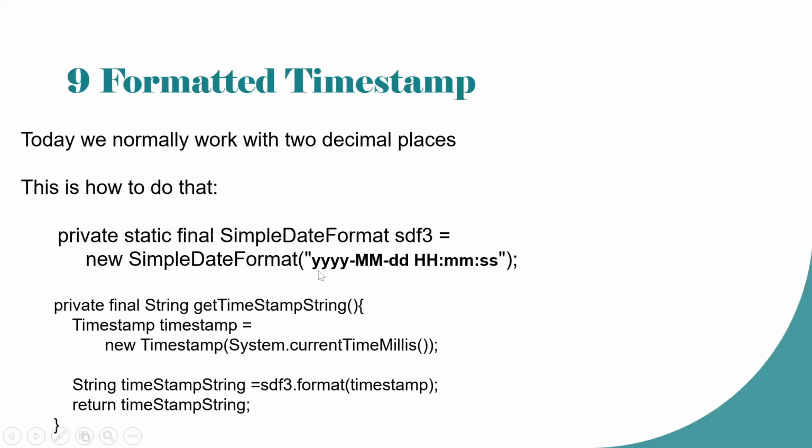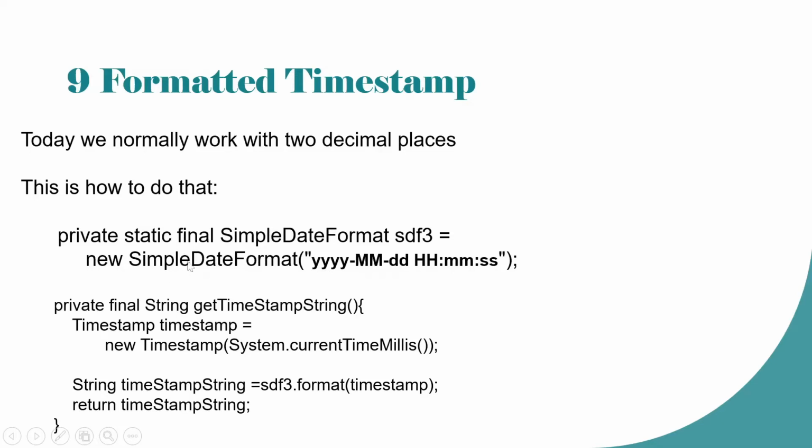Now, there are 4 Y's because we are displaying the year as a 4-digit figure. And then there are 2 uppercase M's. We are displaying the month as a 2-digit number. And the same with the day. There's 2 D's. We are displaying the date as a 2-digit number. And then here's hours, minutes, and seconds. So notice minutes is lowercase m, month is uppercase M.